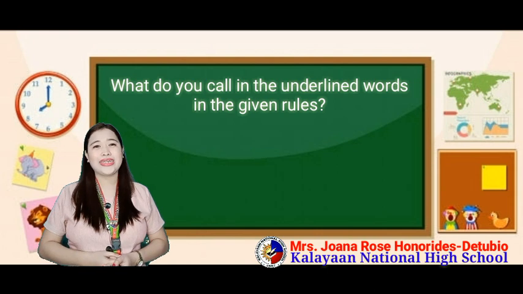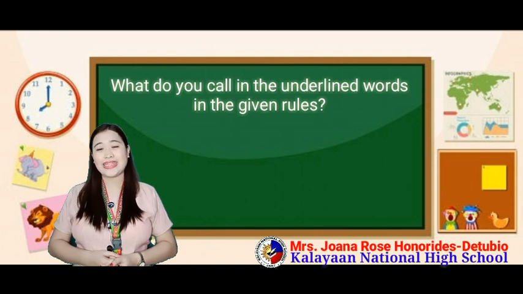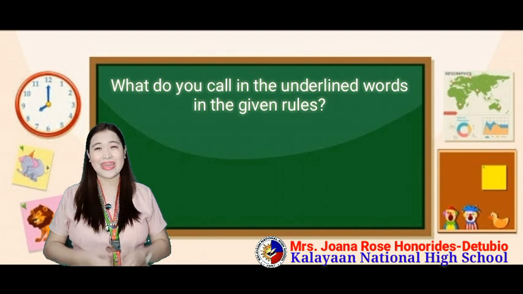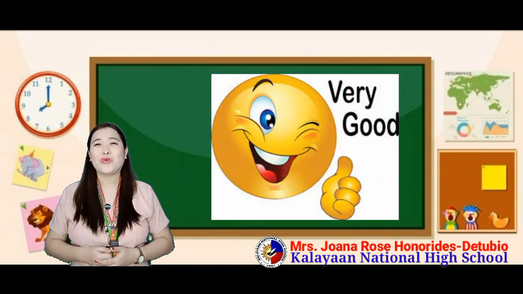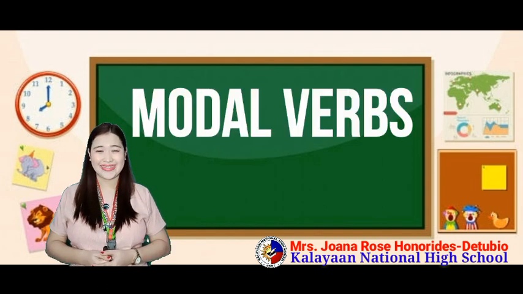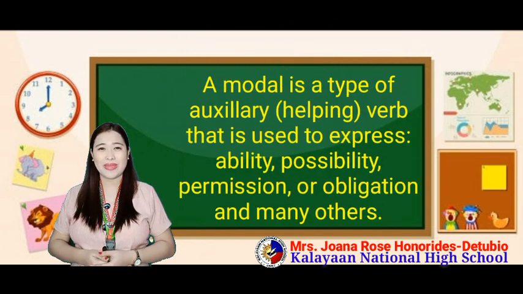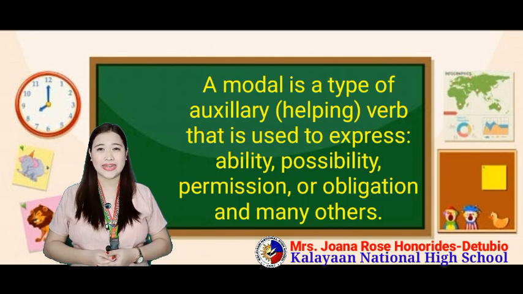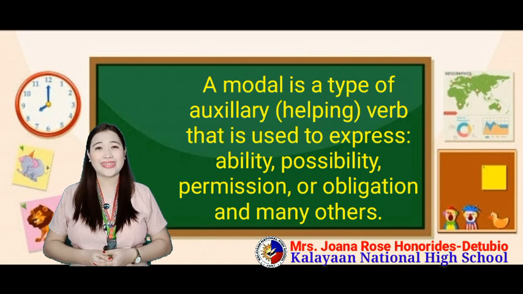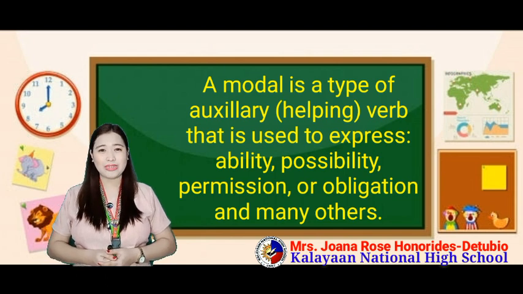What do you call the underlined words in the given rules? Very good! We call them modal verbs. A modal verb is a type of auxiliary or helping verb that is used to express ability, possibility, permission, or obligation, and many others.